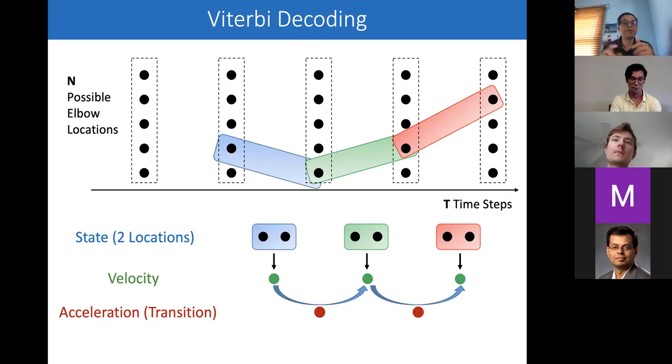Right? If you had in your IMU a velocity sensor, then you have two options. One is you can do probability of M given S_k, where S_k has two variables, two locations, the current one and the past one, right? And the subtraction of those two locations will give you the velocity.